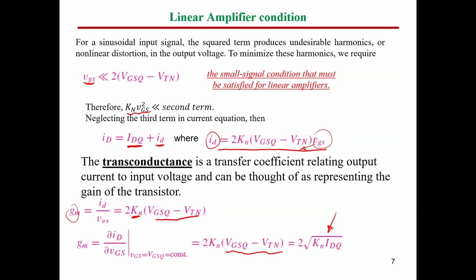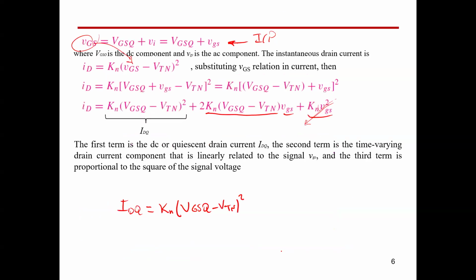So VGS minus VTN. So this is VGS minus VTN. So we can say here, let's have this term here. So I can say IDQ divided by Kn equals (VGSQ minus VTN) square.